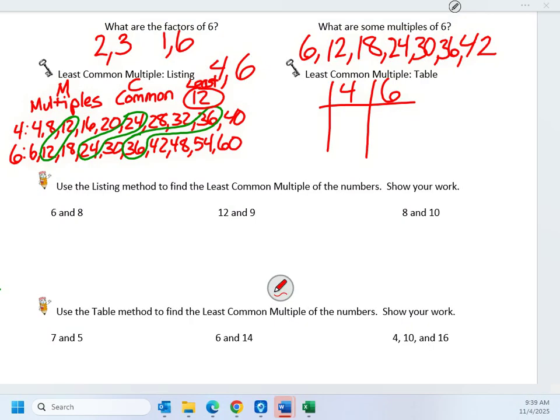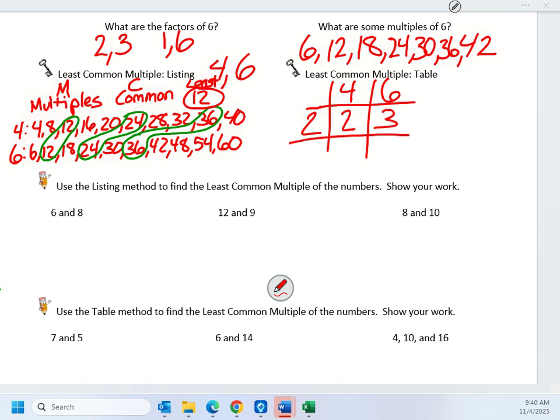Same first step that we had with greatest common factor. What was that first step, Rhoda? Finding a factor that I can divide out of both. So what can I divide out of the 4 and out of the 6, Matt? A 2. 4 divided by 2 is 2. 6 divided by 2 is 3.